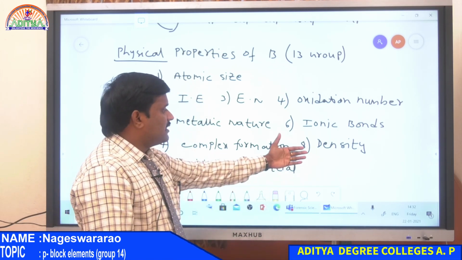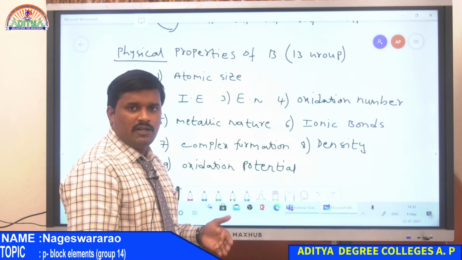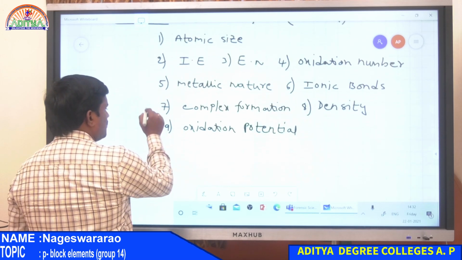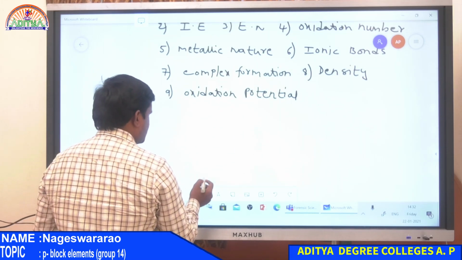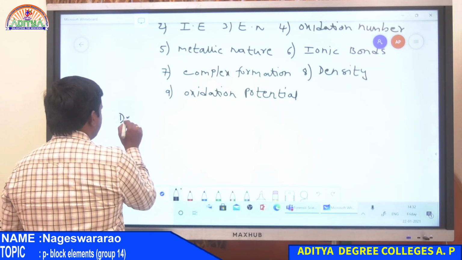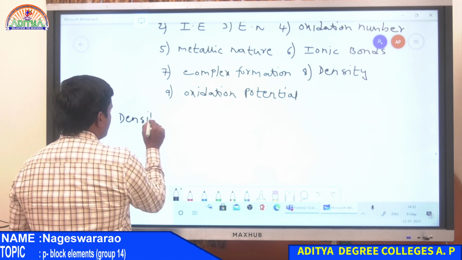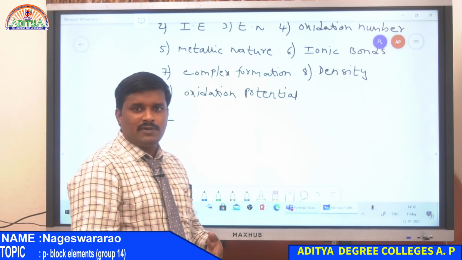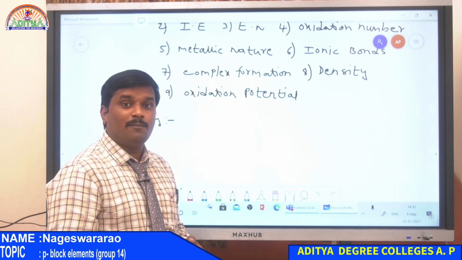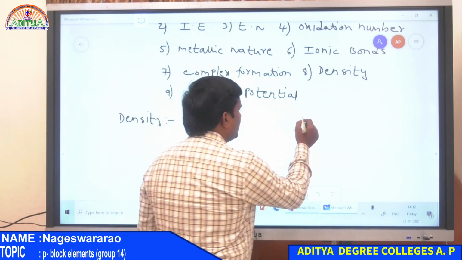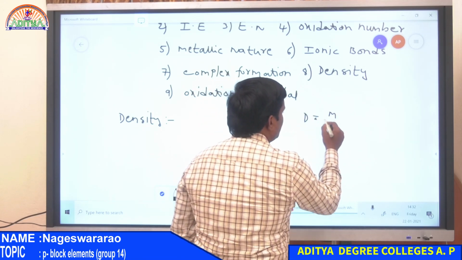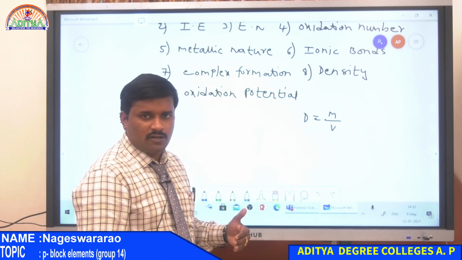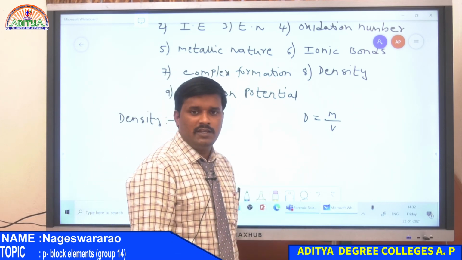What is the effect on density from top to bottom in a group? Now the explanation for density. From top to bottom, atomic number increases as well as atomic mass. Density is equal to mass by volume. As the mass increases from top to bottom, density also increases.